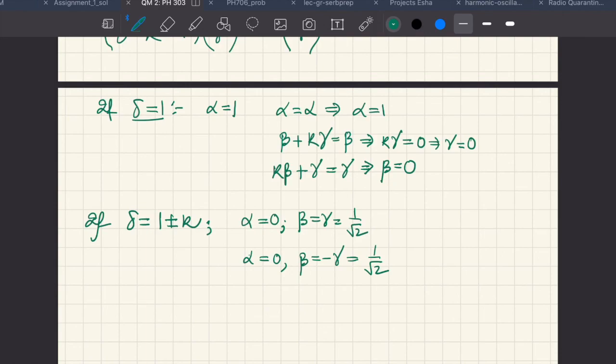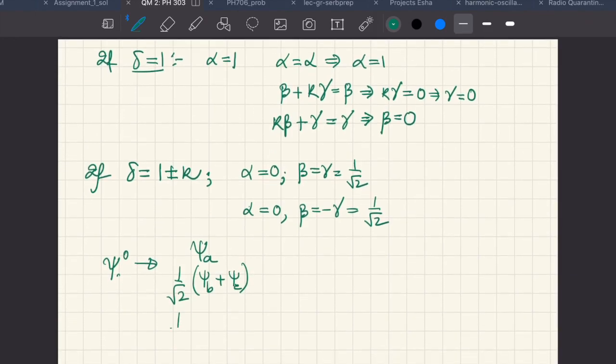So your good states will be psi 0 as either psi A, or 1 by root 2 (psi B plus psi C), or 1 by root 2 (psi B minus psi C).